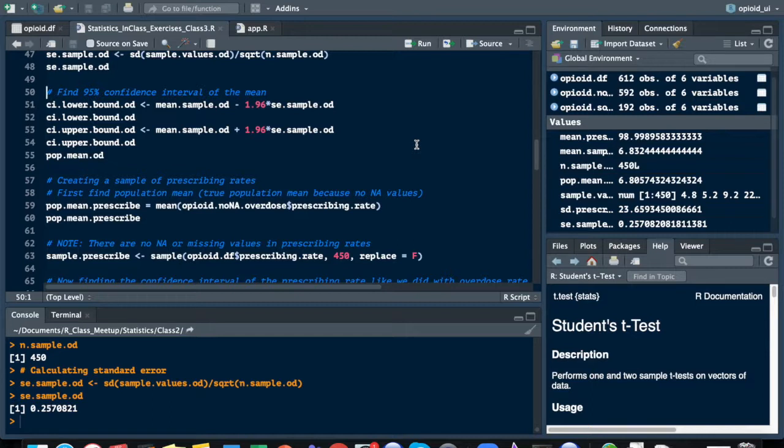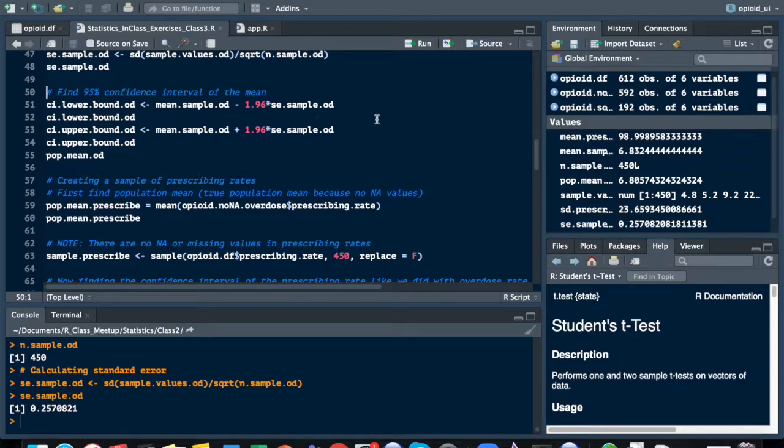To get our confidence interval lower value, the low value on our error bands, you can think of it this way: we would take the mean of our sample, because in most cases you do not have the population mean when you're using it, it's not something you have access to. Then you would subtract 1.96, since we're doing a 95% confidence interval in this case, times the standard error.